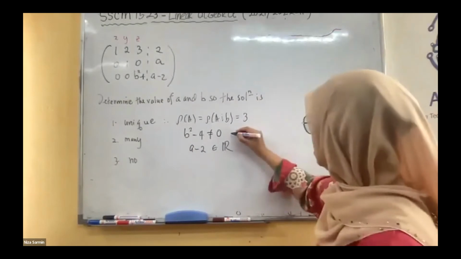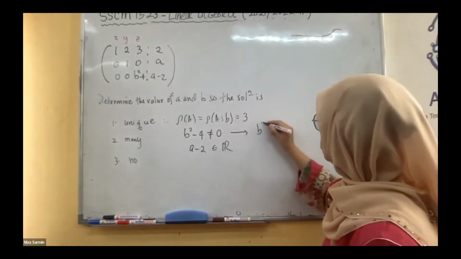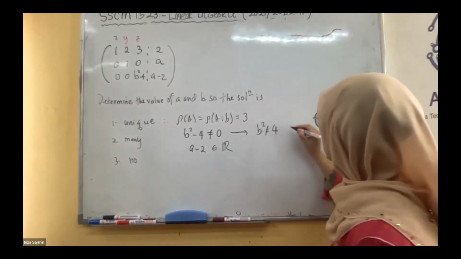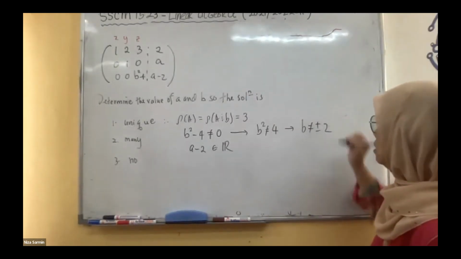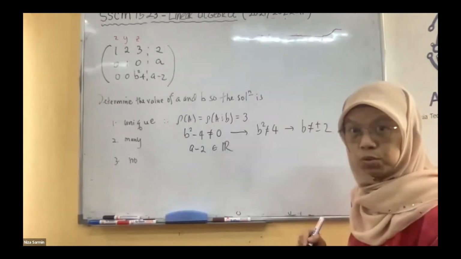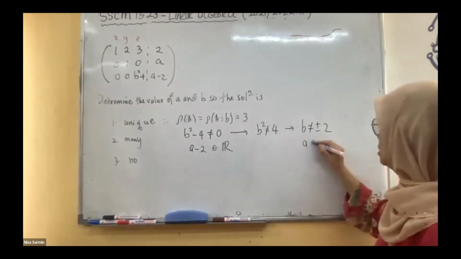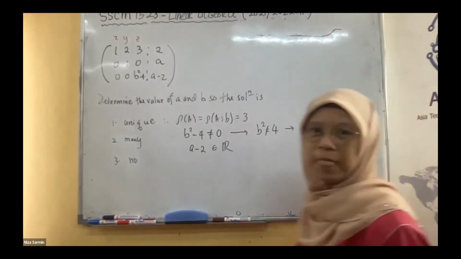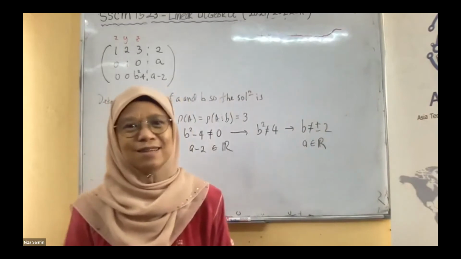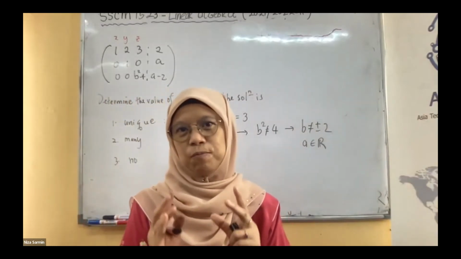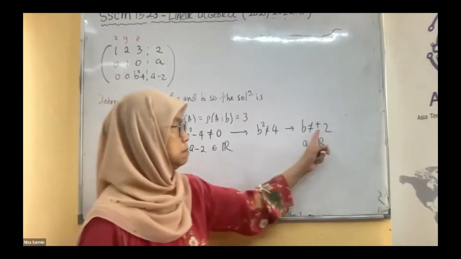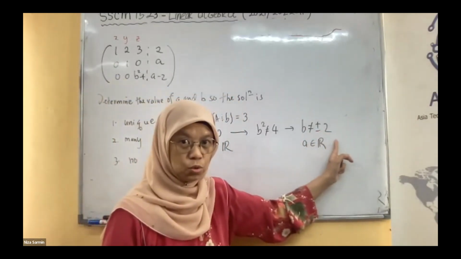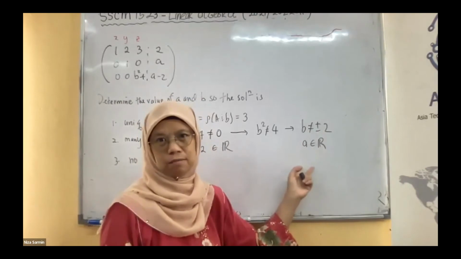So your answer will be B squared is not 4, which is B is not plus or minus 2, and A is in R. That is the answer. I didn't ask for a specific A or B, but as long as B is not plus or minus 2, A can be anything.